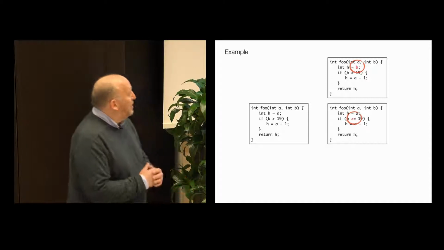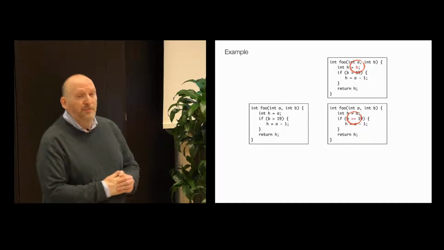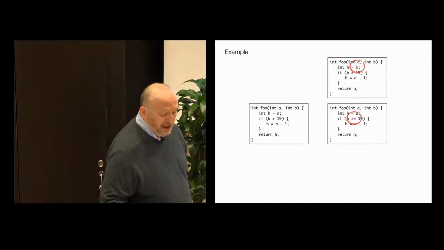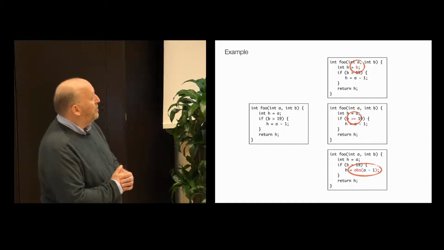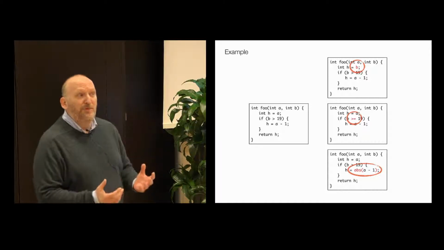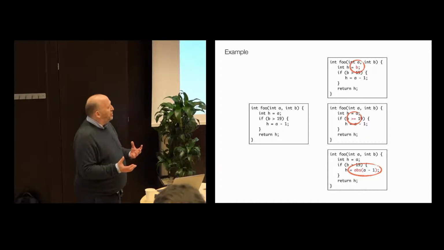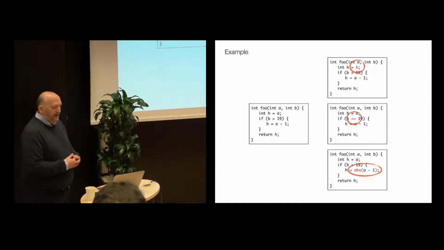Similarly, we could take this comparison operator, so instead of B is greater than 19, say B is greater or equal to 19. Another one we could make is, instead of saying H is A minus 1, you could say H is the absolute value of A minus 1. These are some of the common mutation changes which are made and have been shown to be quite good.